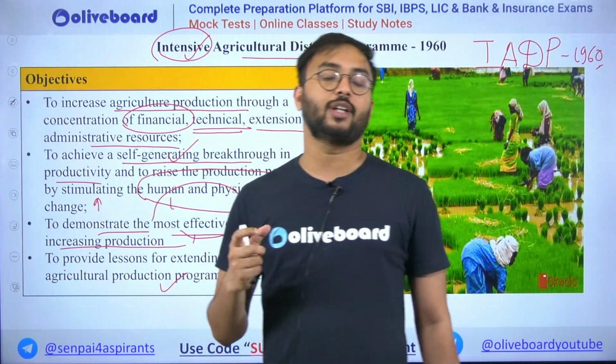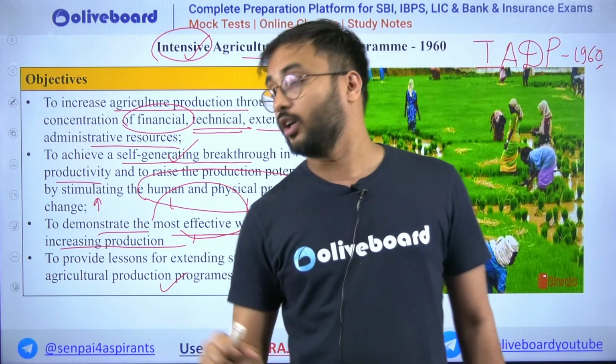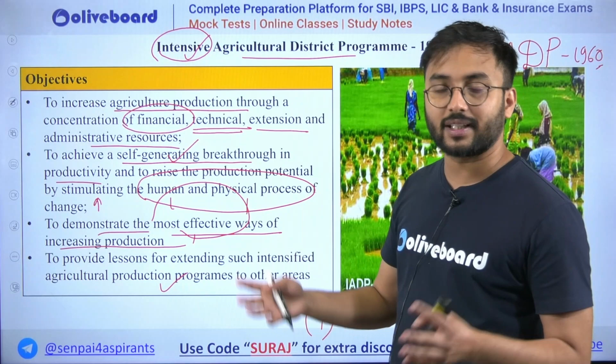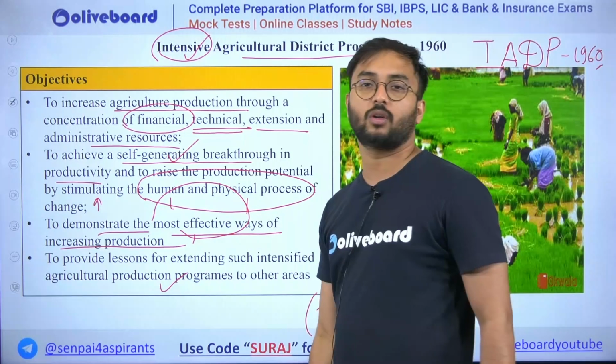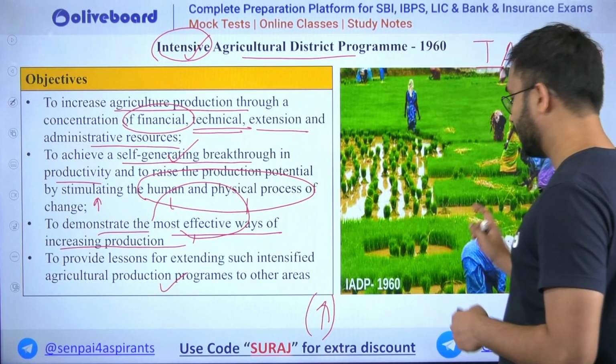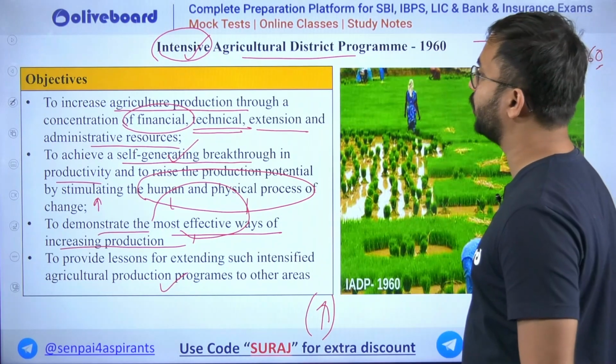Then what are the administrative resources in hand which could be used in that particular district, and then utilizing all these things in tandem, so that of course we are going to improve our overall production. So this is what the Intensive Agricultural District Program means.